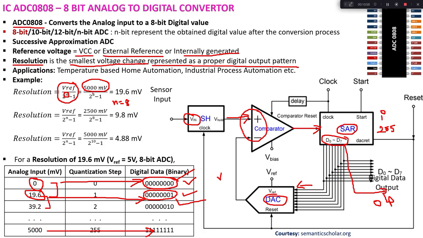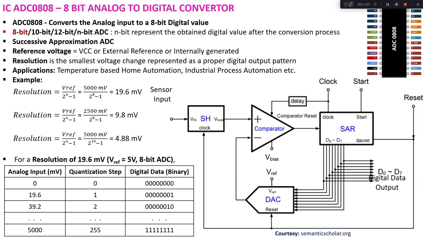So 5000 millivolt divided by 2 power 8 minus 1 comes to about 19.6 millivolt. Which means this is the smallest voltage change which can be measured by this ADC. The first voltage we measure is 0 volt, and the next subsequent voltage which can be represented properly in a binary bit pattern is 19.6 millivolt.